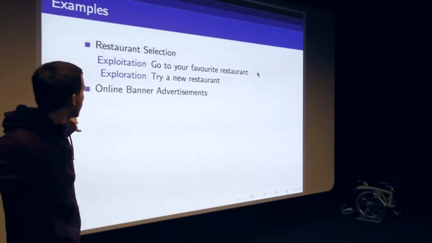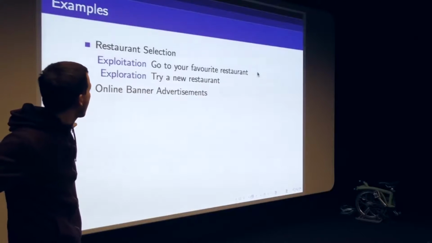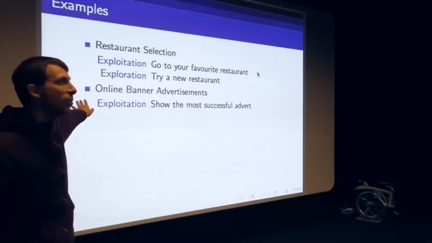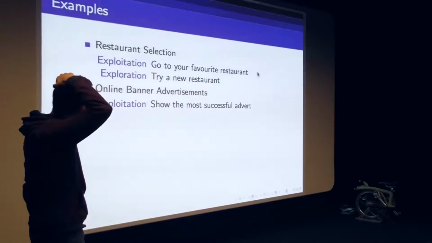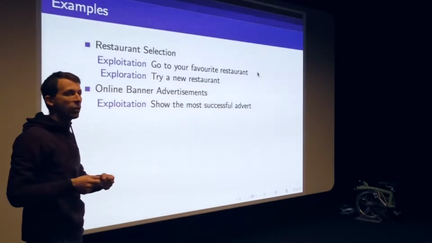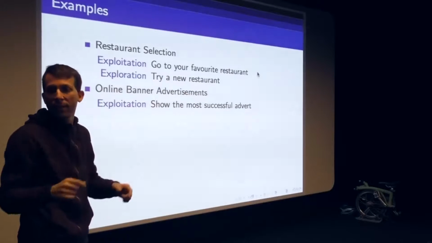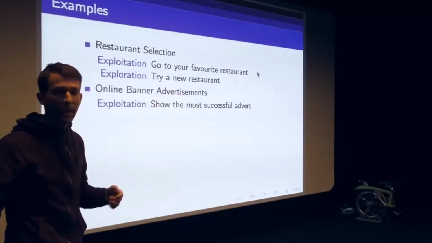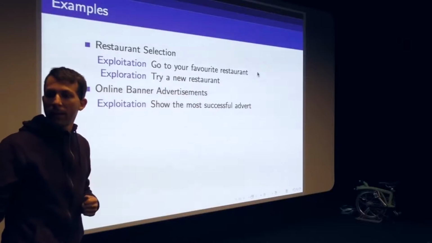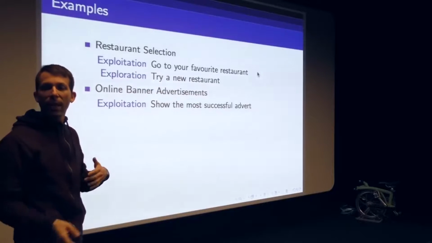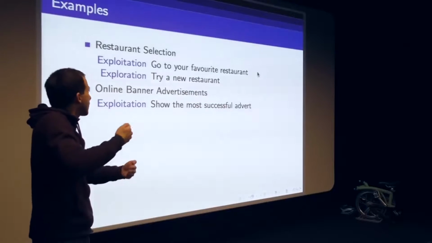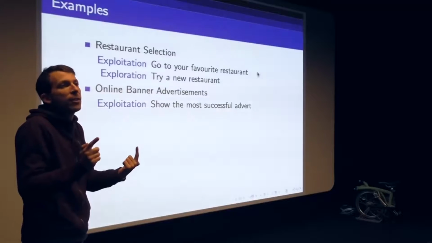The classic example of this, one of the big success stories of machine learning, is advertising online. This is a big use case for a lot of this machinery, where you're trying to decide what advert to show on some banner on some website. This would be like Google AdSense or something like this. Exploitation then would be to show the most successful advert, the one which people are clicking on the most.